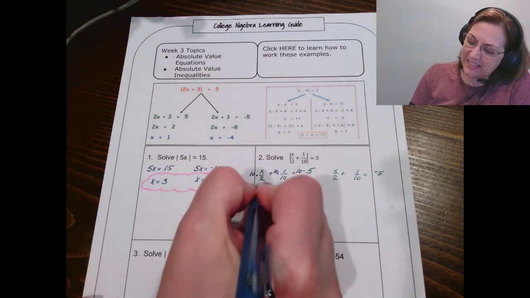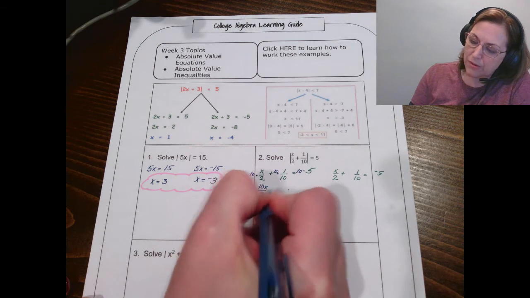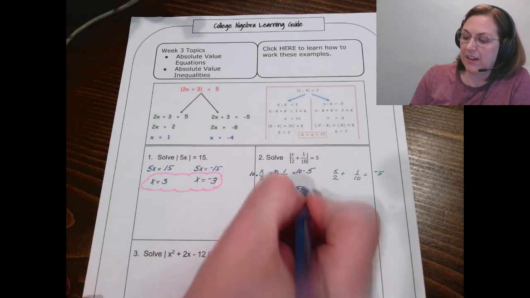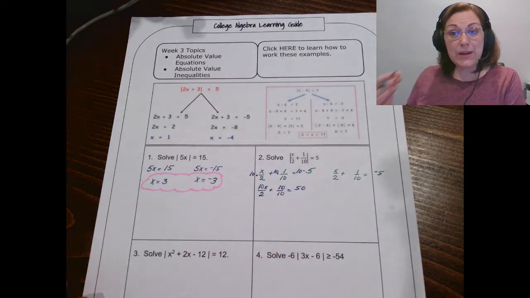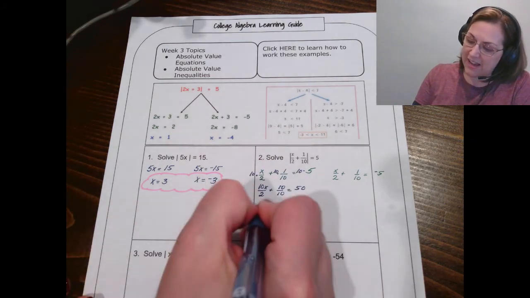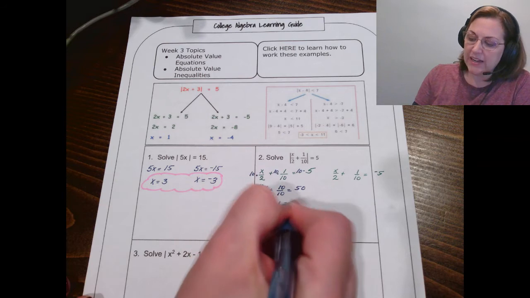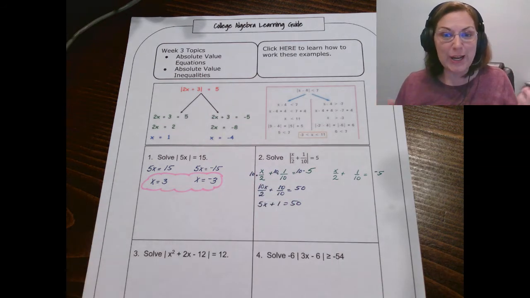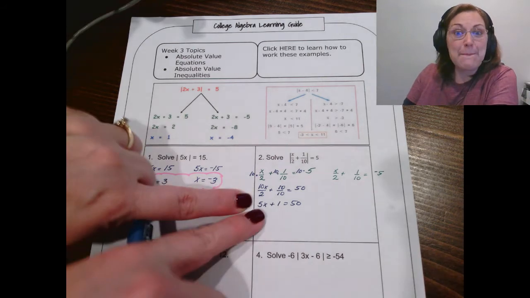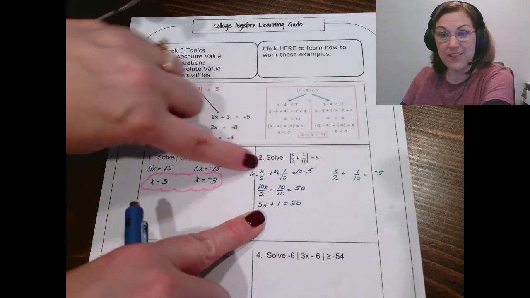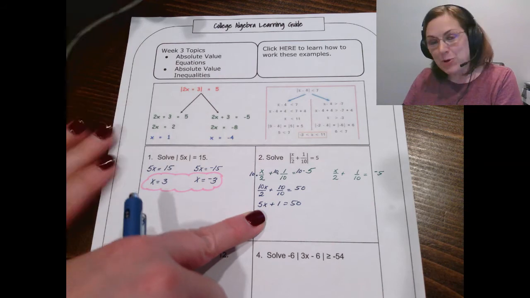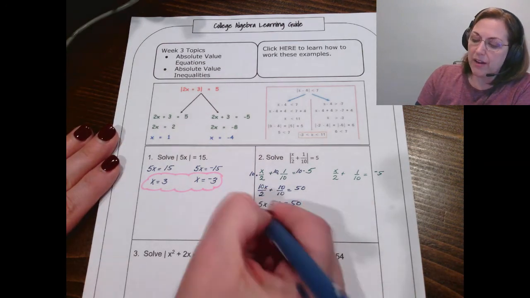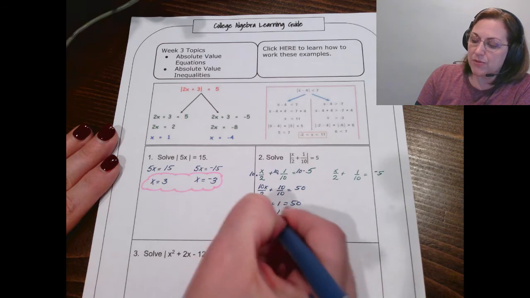I get 10x over 2 plus 10 over 10 equals 50. Now you can simplify to get 5x plus 1 equals 50. And voila, your fractions are gone. Doesn't this look like a much easier equation to solve than this one? Most people like to do that. That's why you definitely want to learn the trick of getting rid of those fractions.